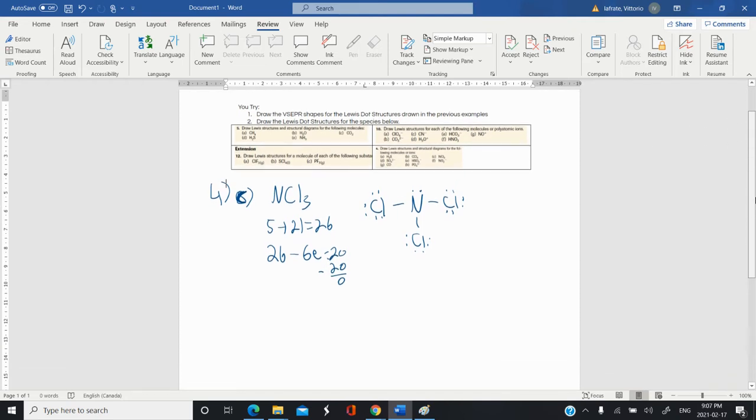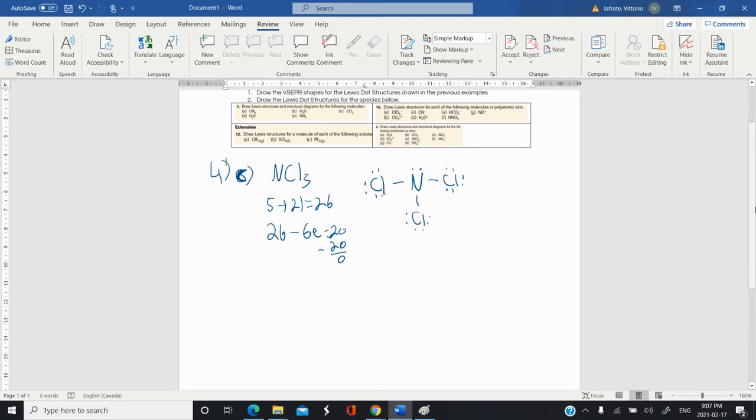We can go ahead and try the SO4 example, D. So D is SO4, 2 minus. Here we have 6 valence electrons from sulfur plus 6 times 4, 24 from oxygen plus 2 from the 2 minus there. And that'll give us 32.